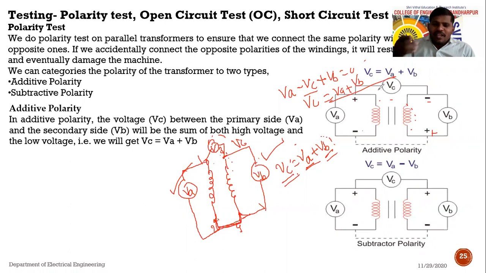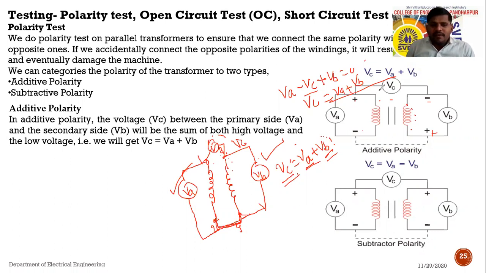So if the voltmeter connected between the remaining two terminals shows the summation of the voltage across the primary winding and the voltage across the secondary winding, then it is called additive polarity. Getting it? All of you getting it? Yes, sir.